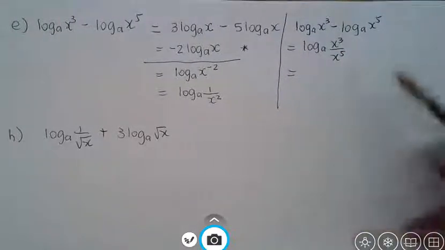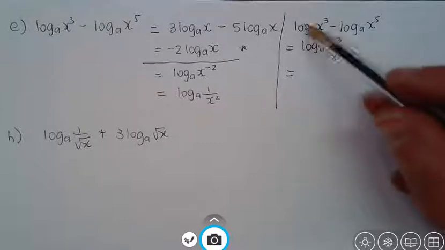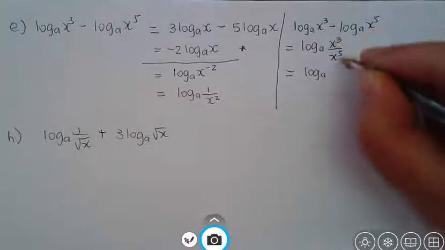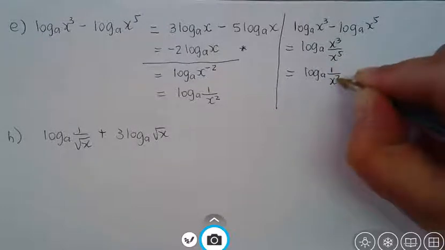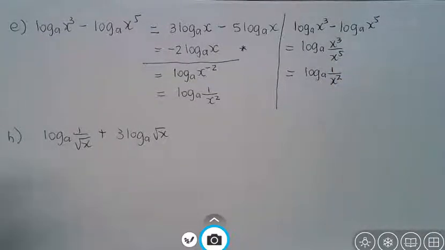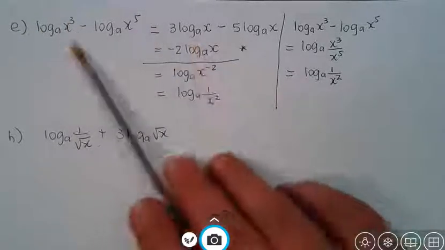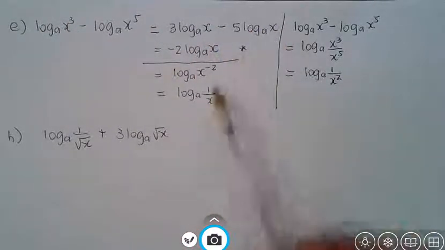That's using the division law for logs, just in reverse. So x cubed over x to the power of 5 is 1 over x squared. That is just another way of doing the question. But in the question they did ask you to use the log law where you bring the 3 to the front. This is just showing like terms and how you can subtract.